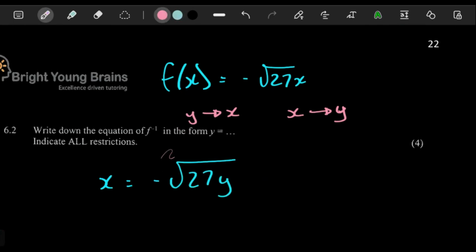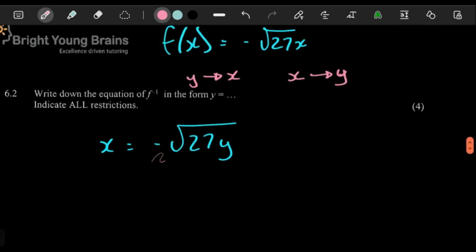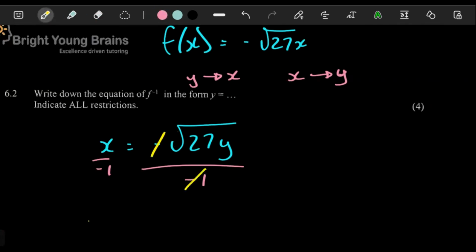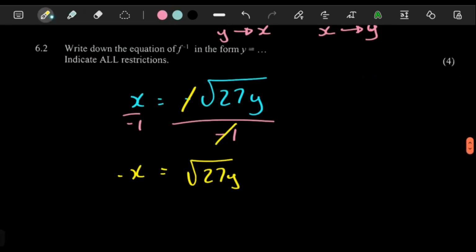Solving for y, you can maybe divide by a negative first, and then this cancels that. So this is like -x basically. And then to get rid of the square root, you can just square both sides. Squaring both sides is good because at least now we get to deal with positive values.